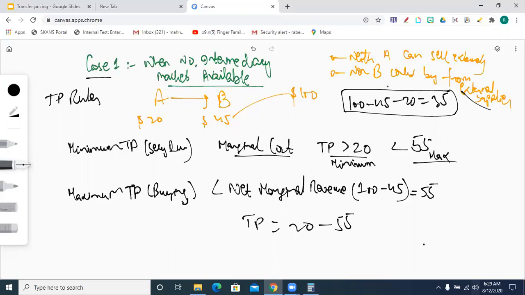It's not going to impact the group profit. But if it is negotiated within this range, this would be the ideal transfer price. So these are the transfer price rules for case 1 when no intermediate market is available. Now moving on to case 2, where an intermediate market is available for the seller.